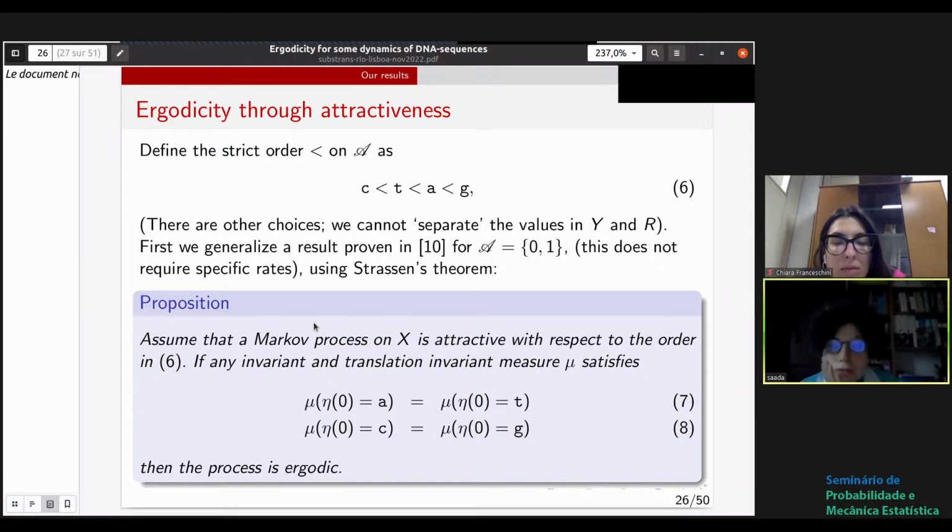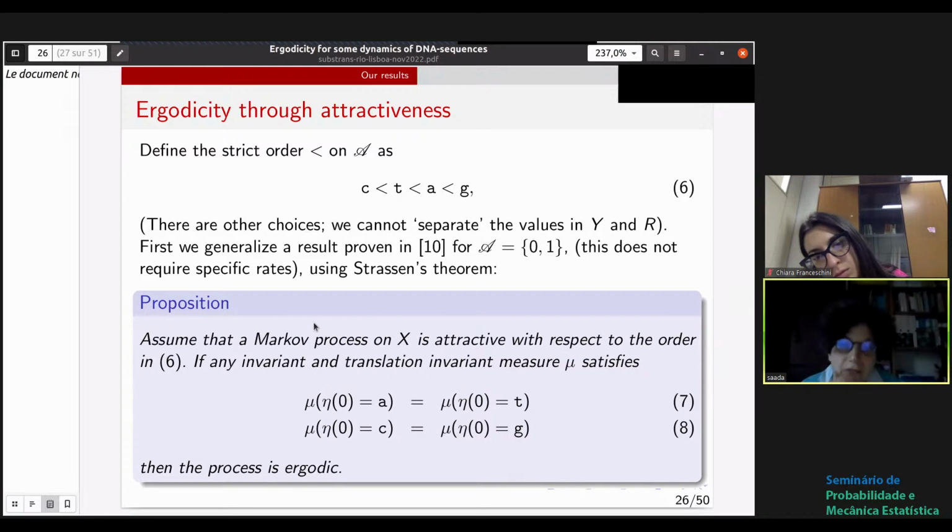So to prove our first result, we generalized a very simple result in the case of a set of two values, which uses Strassen's theorem for coupling.